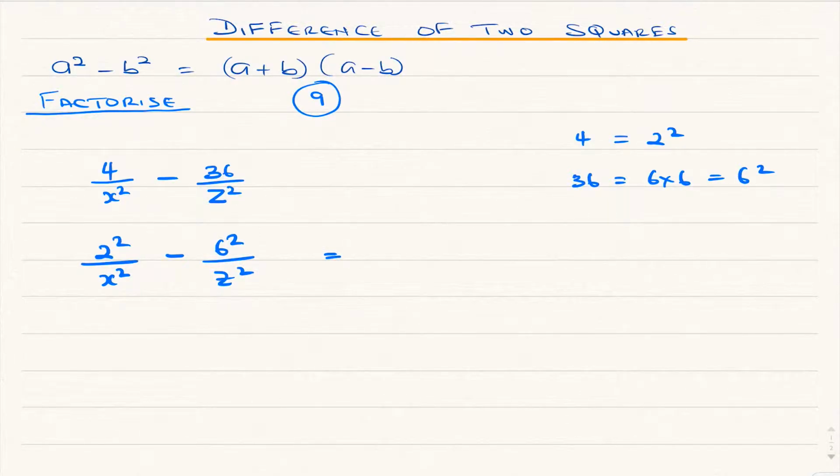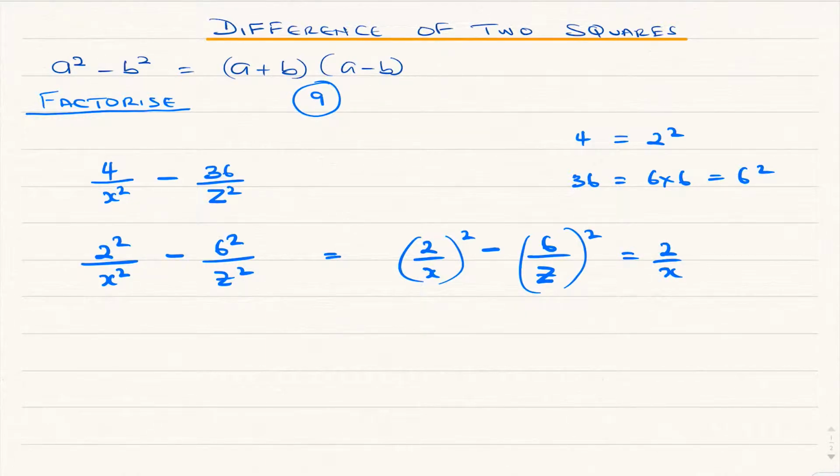And now I can rewrite this as 2 over x squared minus 6 over z squared. And that becomes 2 over x plus 6 over z times 2 over x minus 6 over z. So those are the factors.